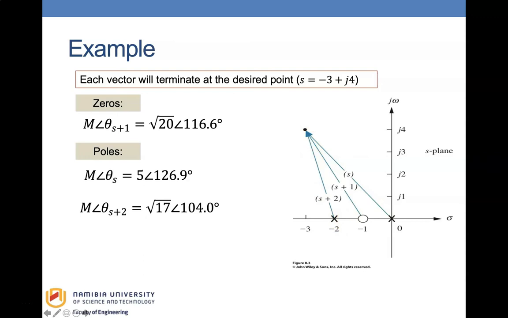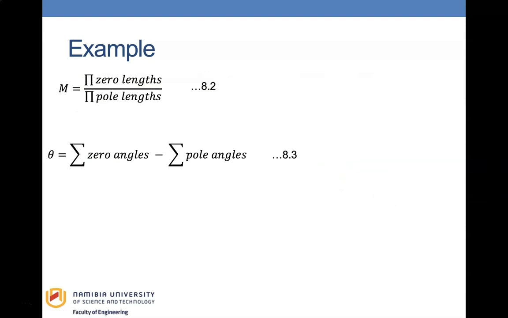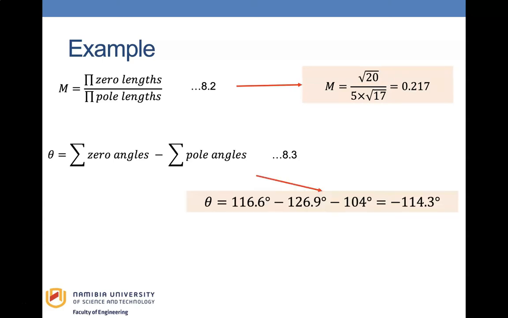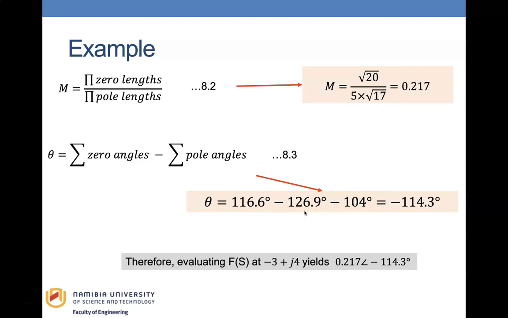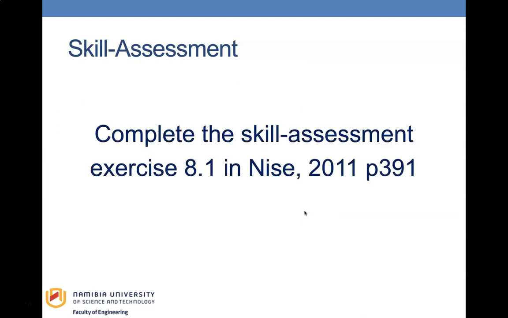Substituting these into equations 8.2 and 8.3 yields our result: the magnitude is 0.217 and the angle is minus 114.3 degrees. Please complete skill assessment exercise 8.1, which is on page 391 of your textbook.